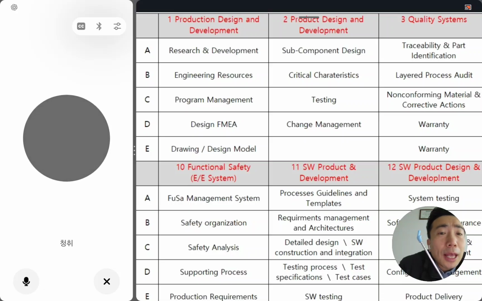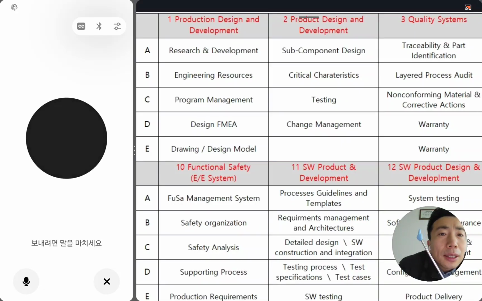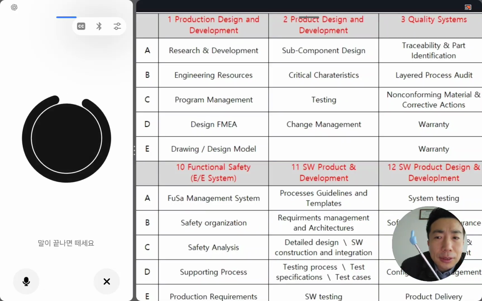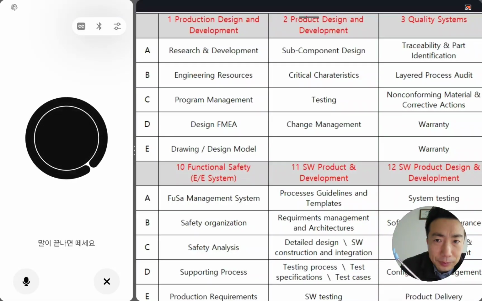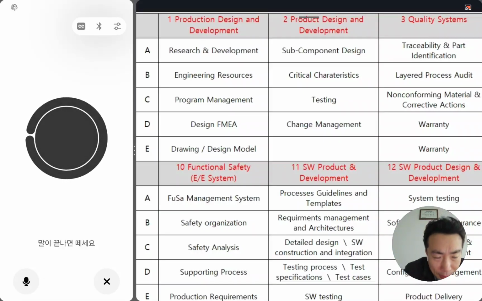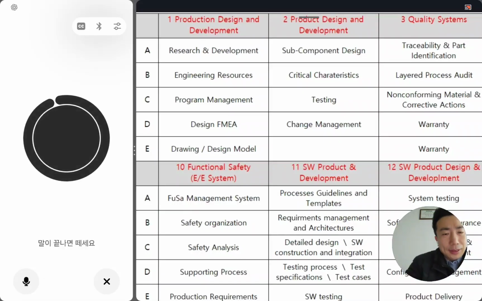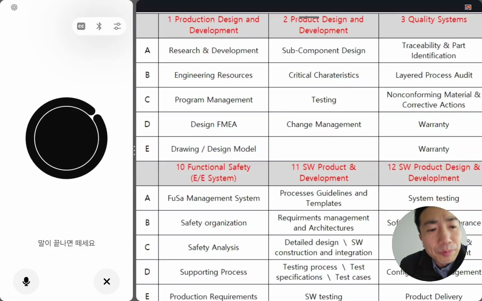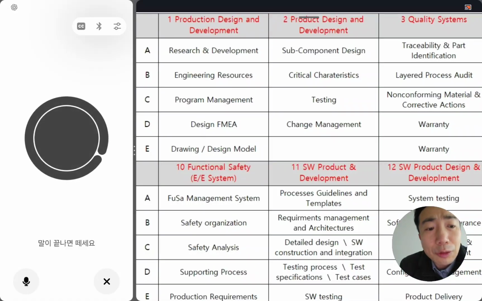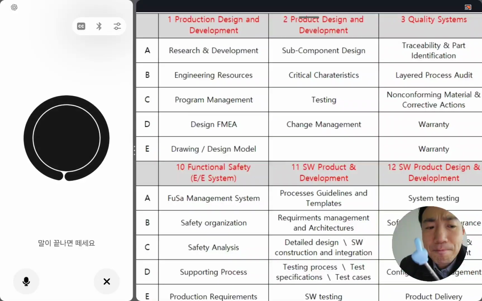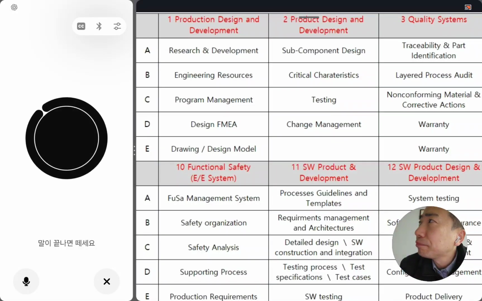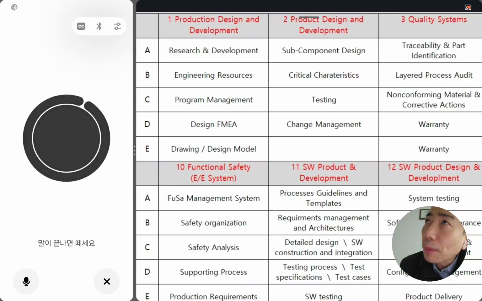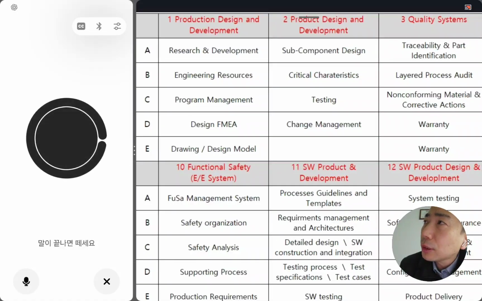Okay, GPT, let's move on to the next agenda. Next topic: critical characteristics. Topic B would be critical characteristics. I'd like to listen to your possible, potential questions.